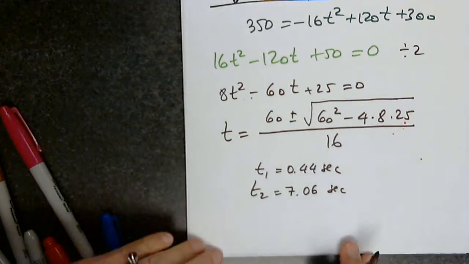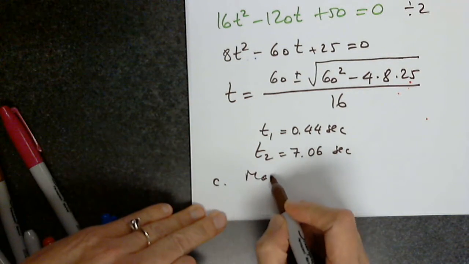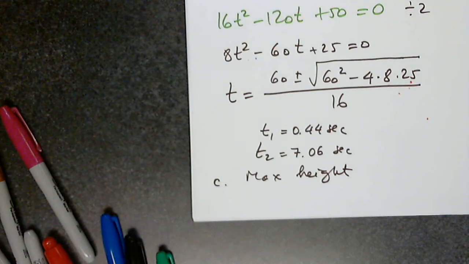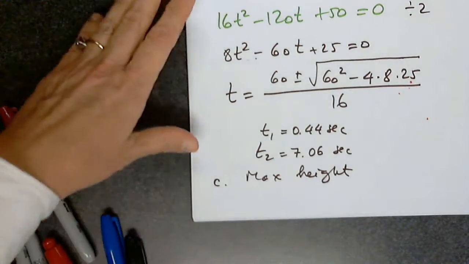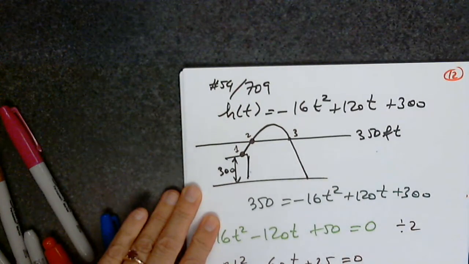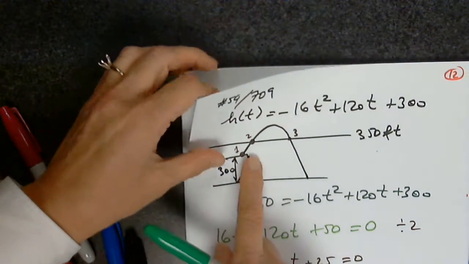I want to add another question here. Part C. Find the maximum height. How do I find the maximum height? First of all, I have to ask myself, what kind of function is this? Good. Does it have a maximum? Yes. We know that. Good.